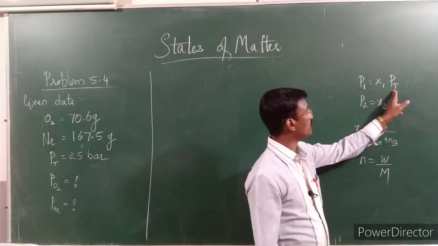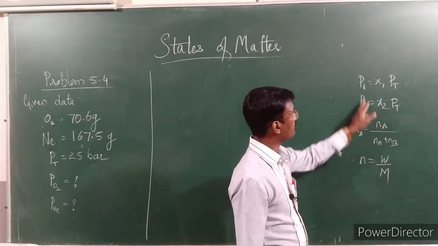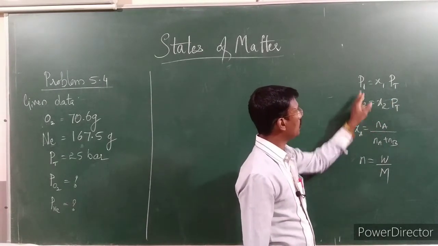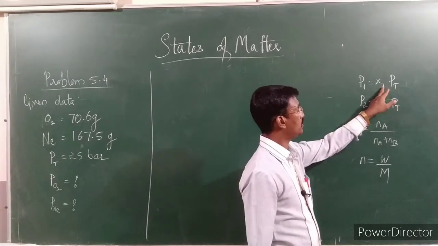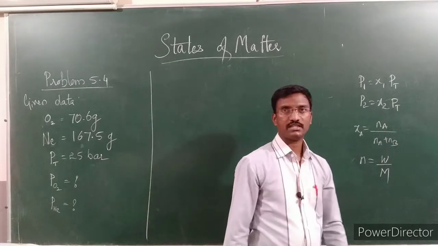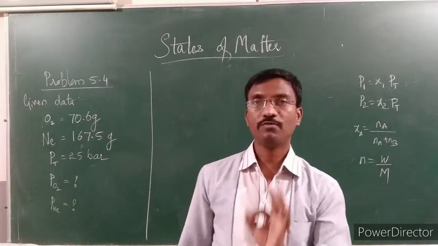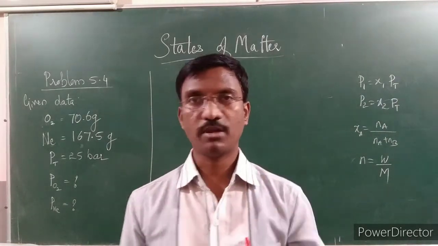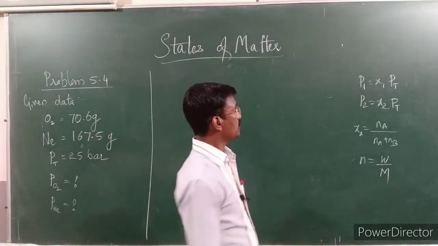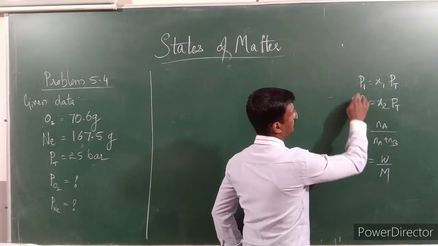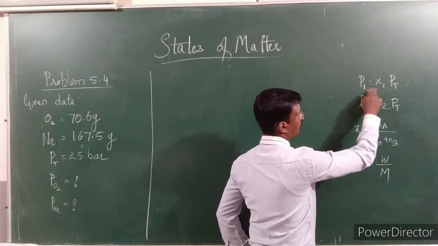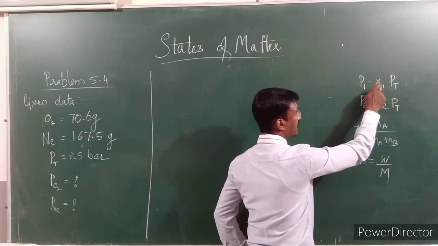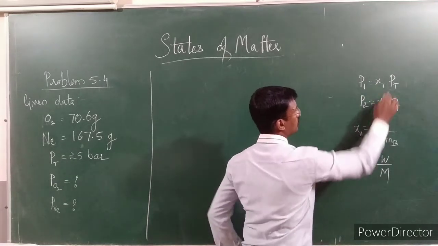Pt is nothing but total pressure. Similarly we can write, instead of 1 we can write 2. P1 we have written as P2, x1 we have written as x2. Pt is same as it is, means total pressure of the gaseous compound, means mixture of the gases. So look here, P1 is nothing but partial pressure of first gas, means gas number 1 or first gas, and x1 is that gas's mole fraction, and Pt is the total pressure.